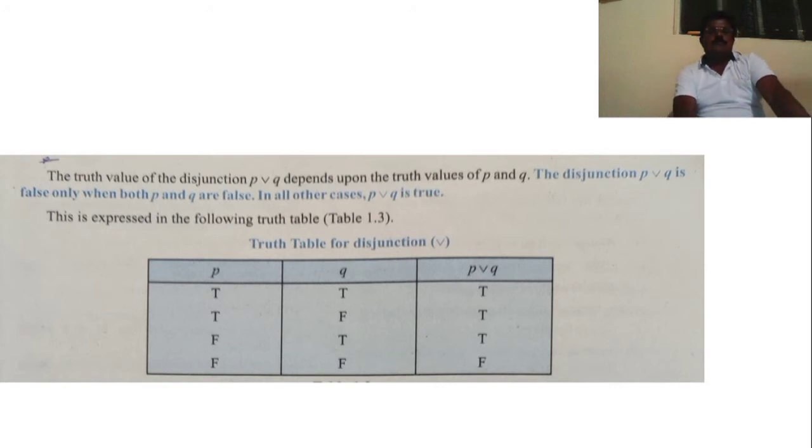Next, the truth value of the disjunction P or Q depends upon the truth values of P and Q, similar to conjunction.